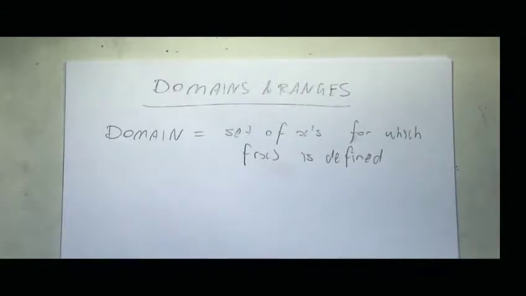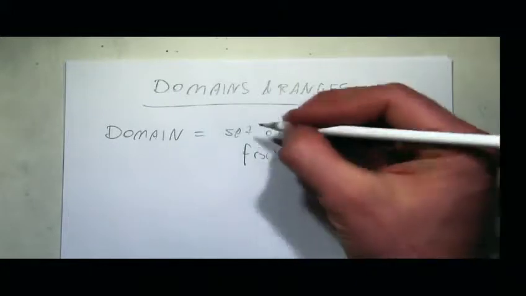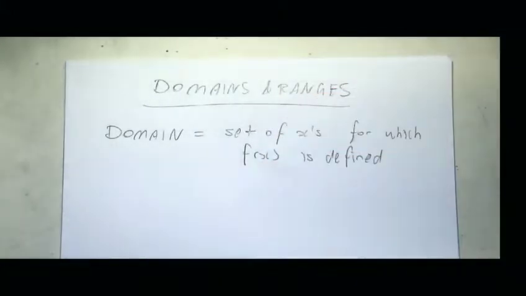So I'll do an example in a second, but the quickest way to define a domain is to find the places where it's not defined and remove them. The domain is everything except that.